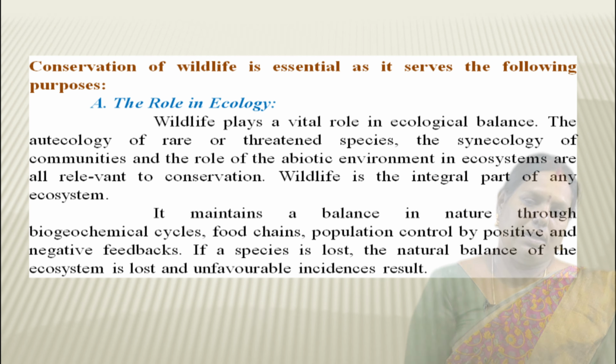It maintains balance in nature through biogeochemical cycles, food chains, and population control by positive and negative feedbacks. If a species is lost, the natural balance of the ecosystem is lost and unfavorable incidents result. So you have to conserve the wildlife.